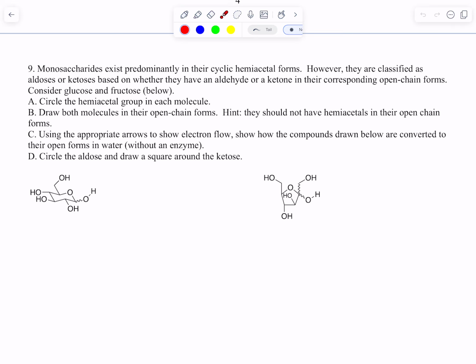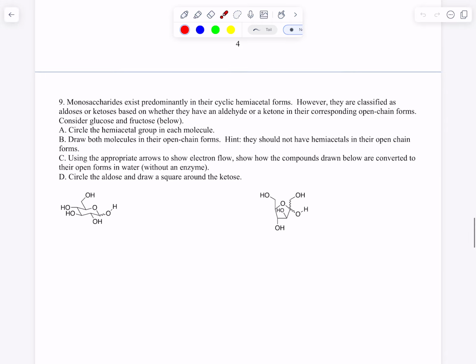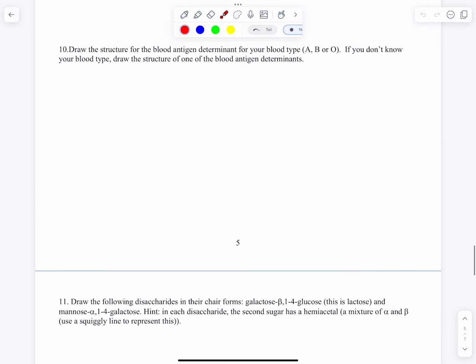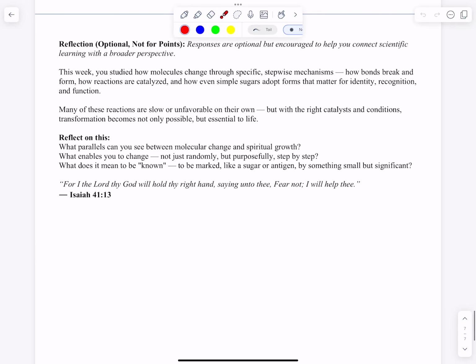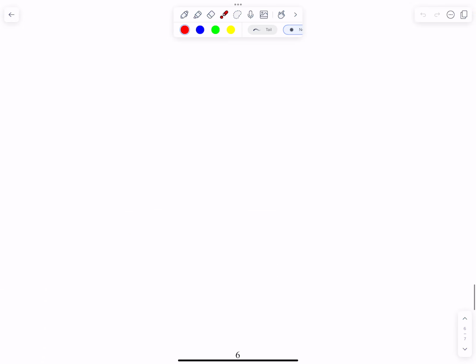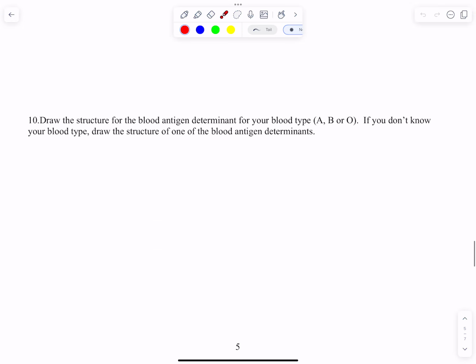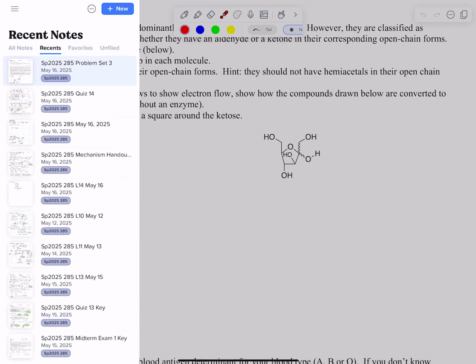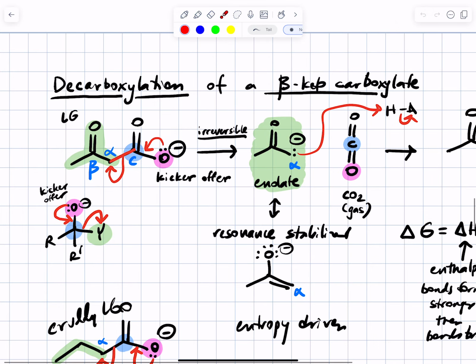So you don't have to do 10 or 11. Maybe use your extra time to ponder the spiritual reflection question or something like that. We won't do questions 10 or 11 for this problem set. I'm just going to copy and paste them to the next one. In terms of 9, we'll see what we get to. You can do what you can.